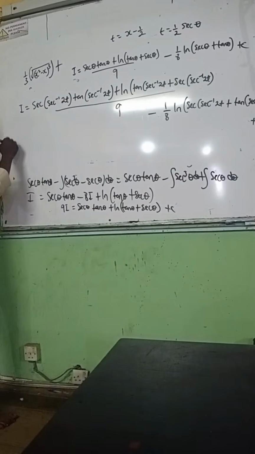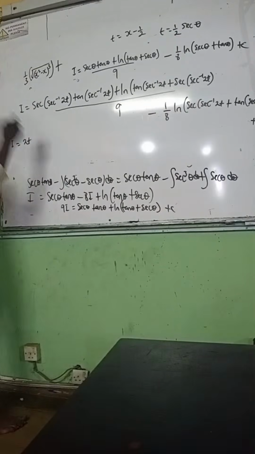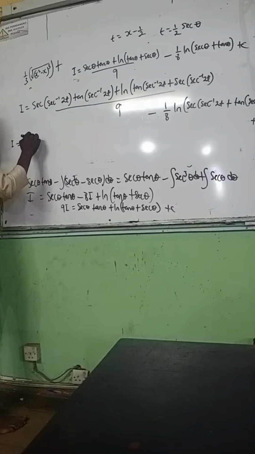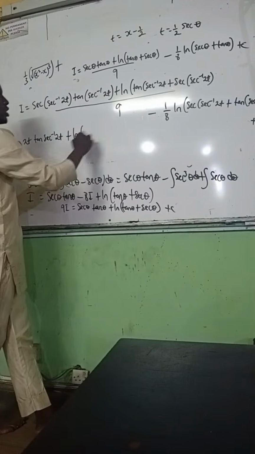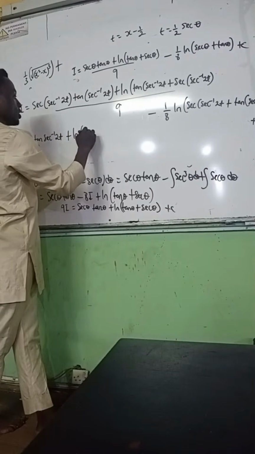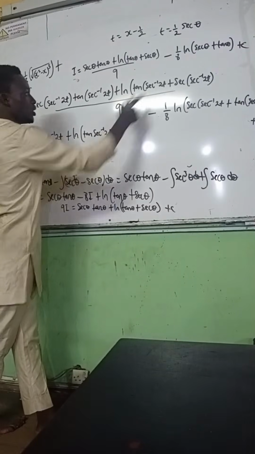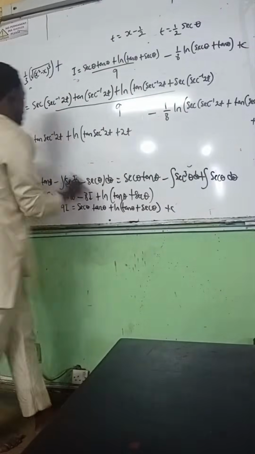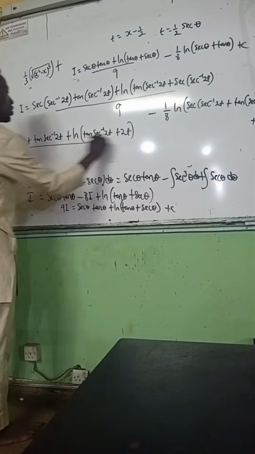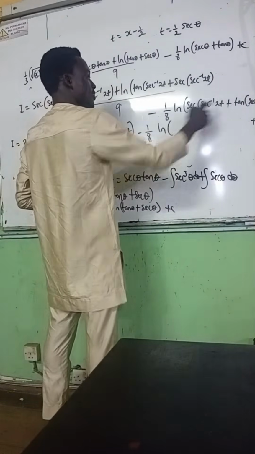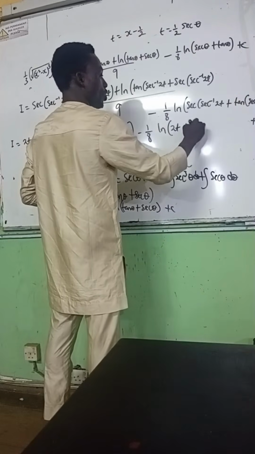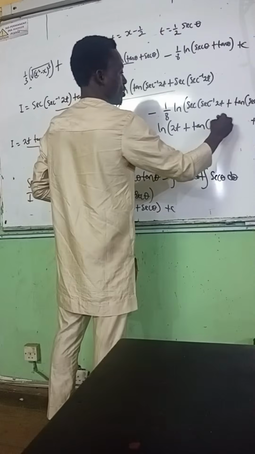So here we have I equals, sec inverse of 2t is 2t, since sec inverse cancels sec. Then we have tan sec inverse of 2t plus ln tan sec inverse of 2t plus 2t, over 9 minus 1 over 8 ln 2t plus tan sec inverse of 2t.